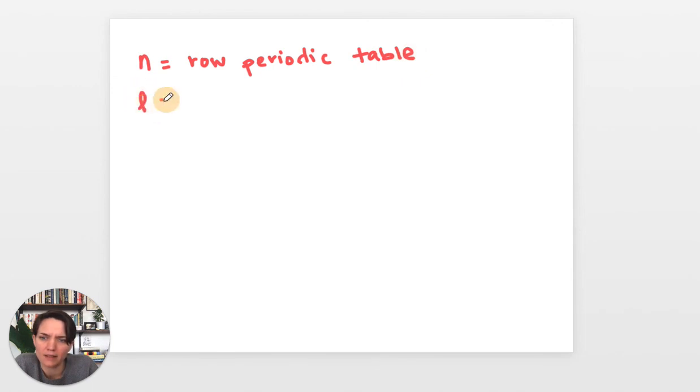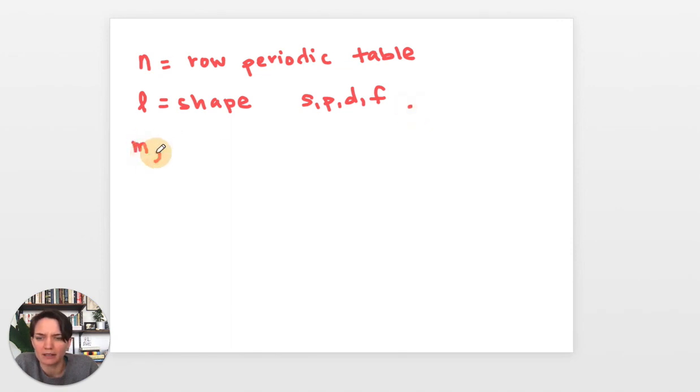This whole exercise simplifies to a couple principles that I really like to focus on and that are going to be really helpful in the next lecture when we talk about electron configurations. N is your row of the periodic table. L is your shape, so that's going to be S, P, D, or F orbitals, and we've seen examples of what those look like.